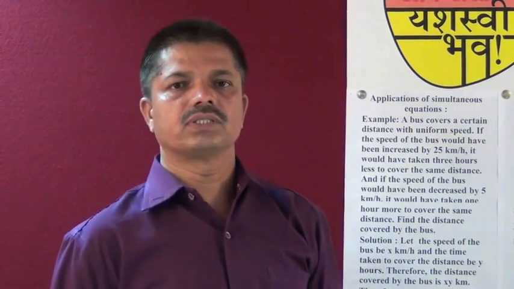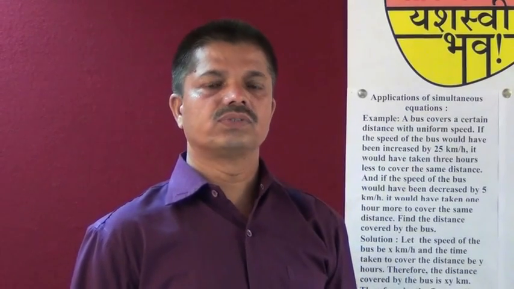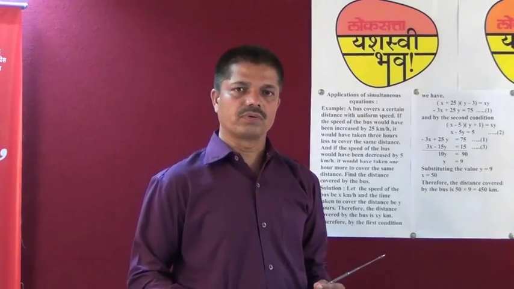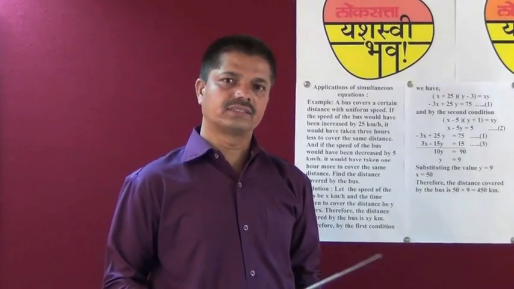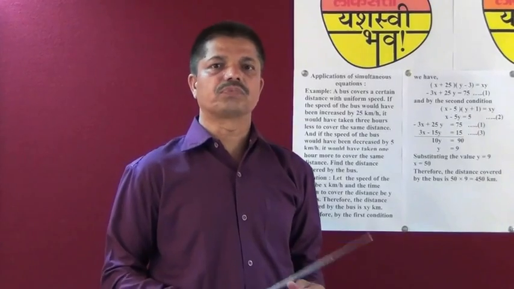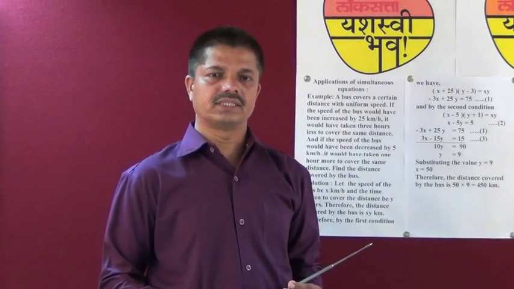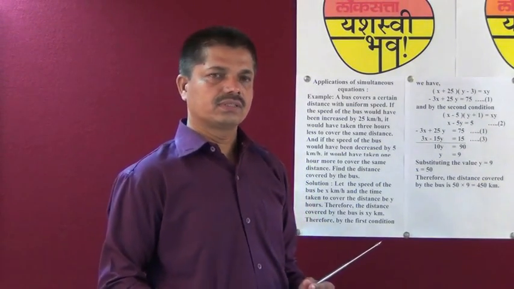Then allot the variables to the unknown quantities. Frame the two equations which you will be using for solving the word problem. And lastly, never forget to write the answer in a complete sentence with proper units. Now let us see the example.